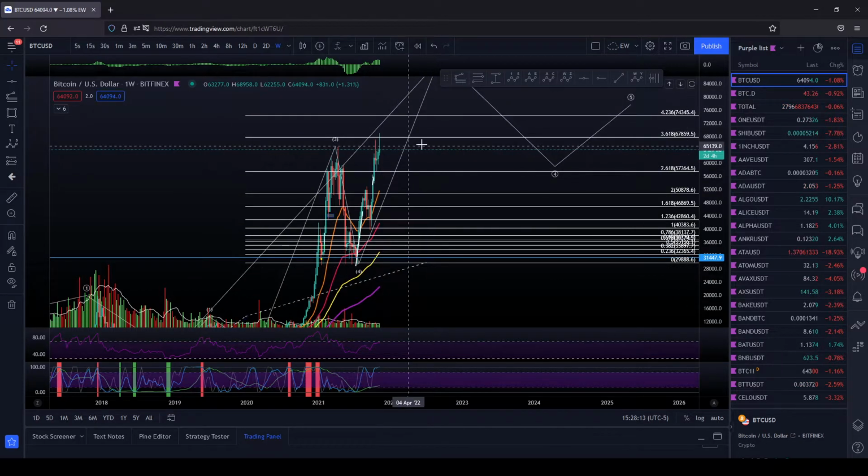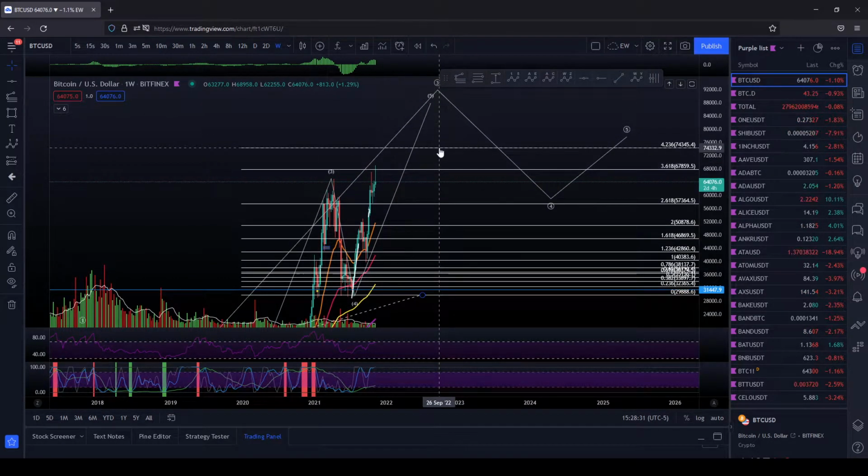Obviously, we're up to a pretty important fib level here. I'm not sure if you've been following me, but I did call for at least a 75K Bitcoin at some point. I don't know which post that's in. I've been posting a lot, so yeah, I think we're gonna make it here.